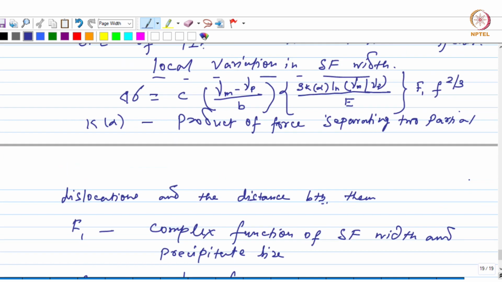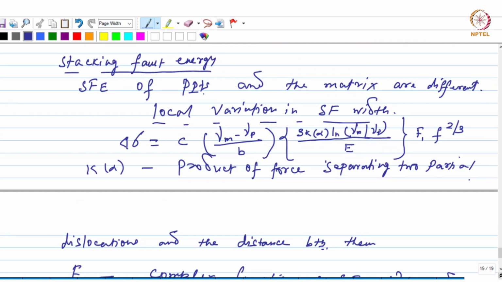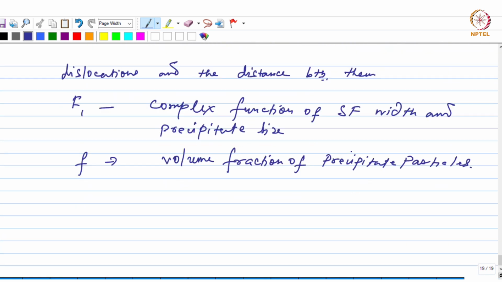And the rest of the terms have their usual meanings, like here B is the Burgers vector, gamma m and gamma p that you see over here are the stacking fault energies of the matrix and the particle respectively, and E is the elastic modulus. So this was about the stacking fault energy mechanism of precipitation hardening.